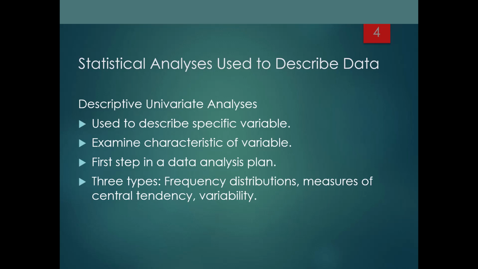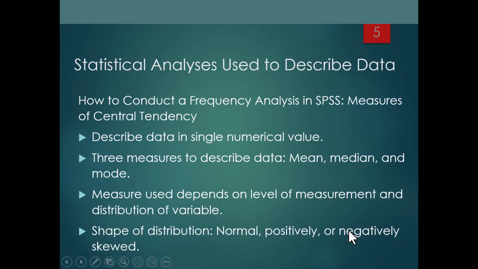This is conducted when researchers are interested in looking at the characteristics of a variable to determine if it meets the assumptions necessary to conduct analysis. There are three types: frequency distributions, measures of central tendency, and variability. So as you're writing up your data analysis part of your paper, you would include that descriptive data analysis will be used to describe your sample.